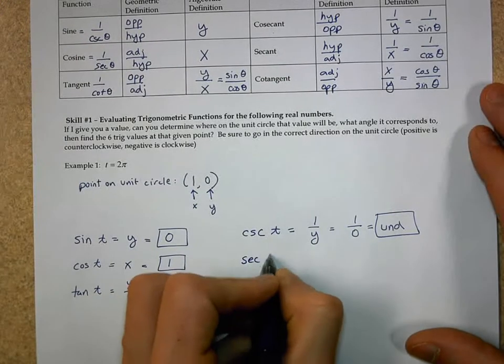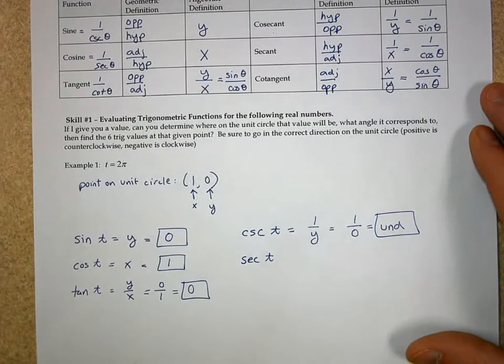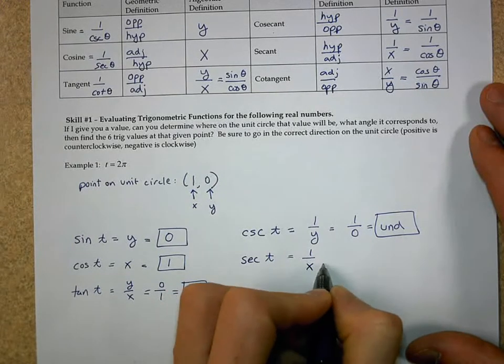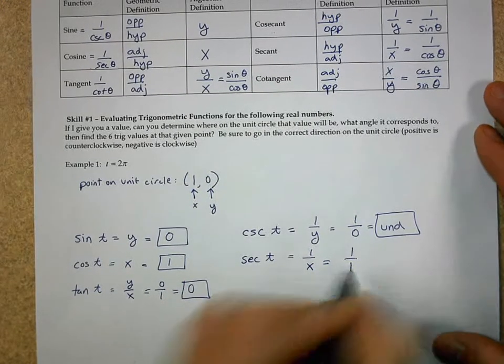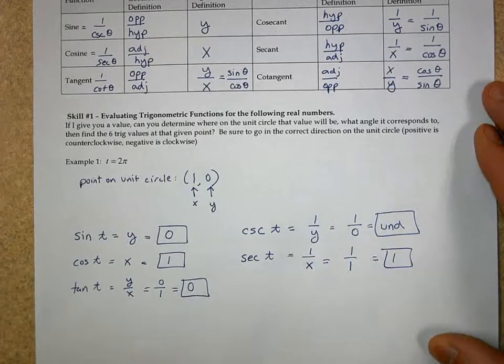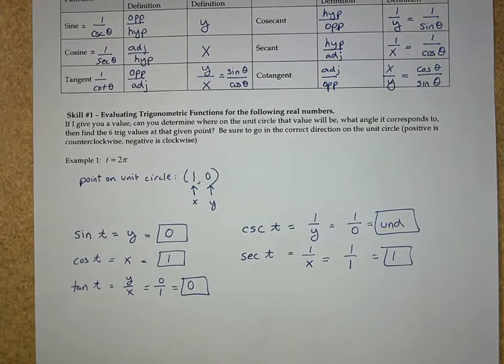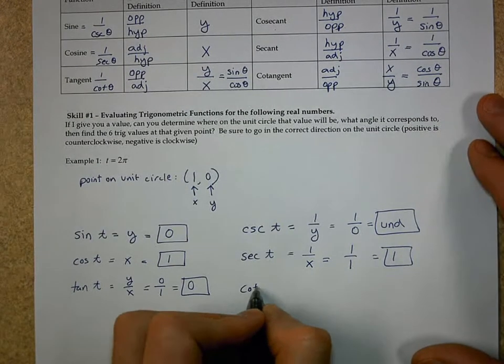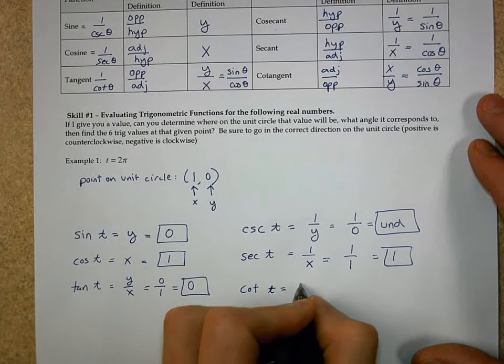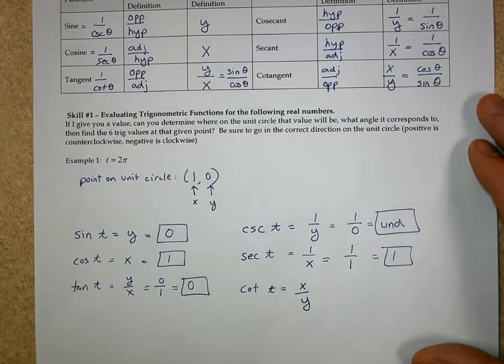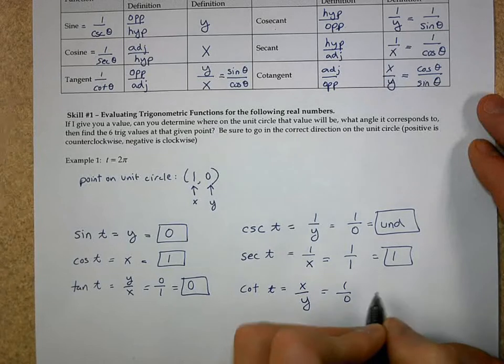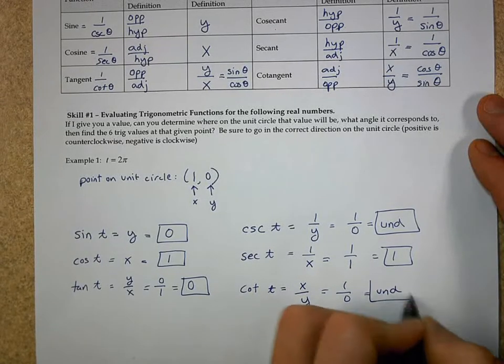The secant of t, which is written as SEC, is the same thing as 1 over x, and we know x is 1, so my secant would be 1. And then finally, the cotangent of t, cotangent is x divided by y, which is 1 over 0, which once again is undefined.